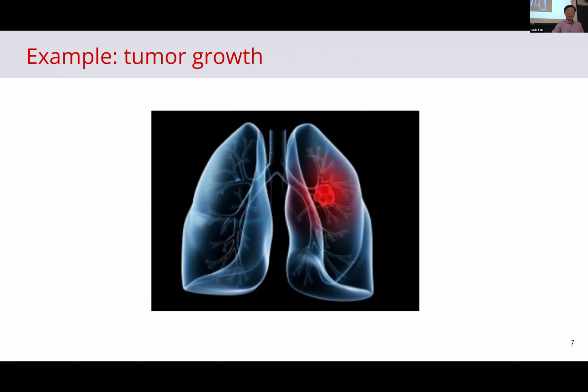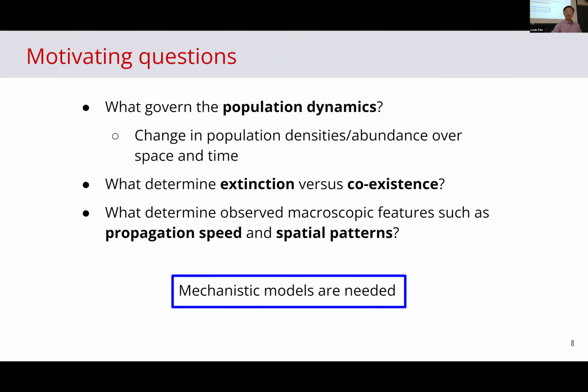Of course, there are other population dynamics. We can talk about populations of living organisms or plant propagation over seed dispersals over many, many years. But some general motivations are what governs the population dynamics, whatever population we're talking about.